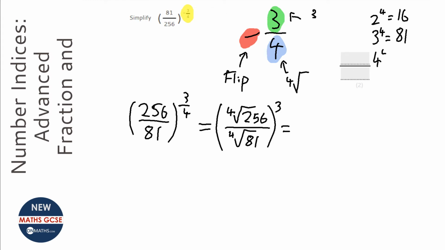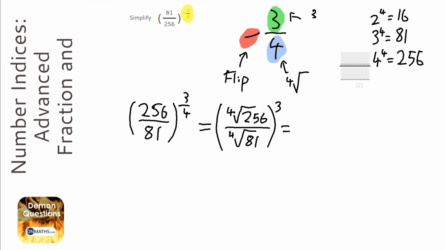And then 4 to the power of 4, so it's slightly harder. 4 times 4 is 16, times 4 is 64, times 4 is 256. Normally they're quite nice with the numbers they give you. I would say that the numbers here are probably as hard as you're going to get. So that top one is 4 and that bottom one is 3.